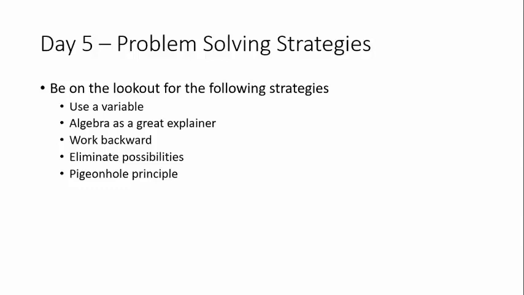The other 2 are use a variable and algebra as a great explainer. So these 2 strategies would involve using algebra to solve your problem. Think about these examples, look at them again, and try to absorb what we have done in order to use these strategies in working these problems.